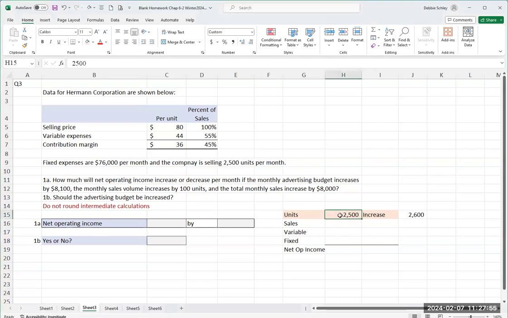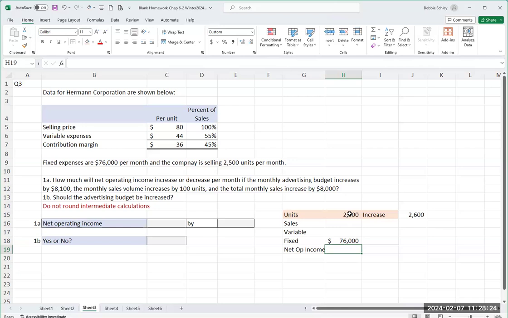So I'm going to put my units right here, and they told me fixed was 76,000. How much will net operating income increase or decrease per month if the monthly advertising budget increases by 8,100, the monthly sales volume increases by 100 units, and the total monthly sales increase by $8,000?